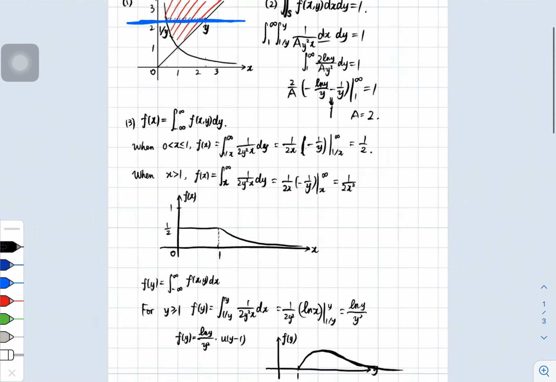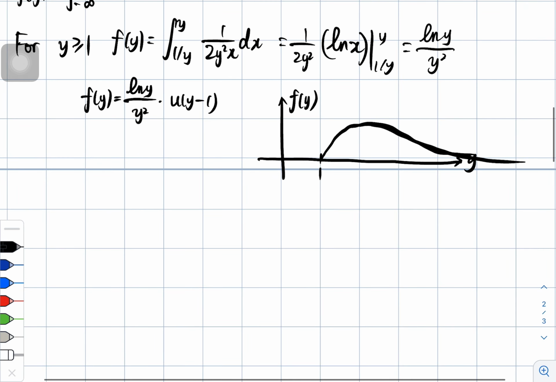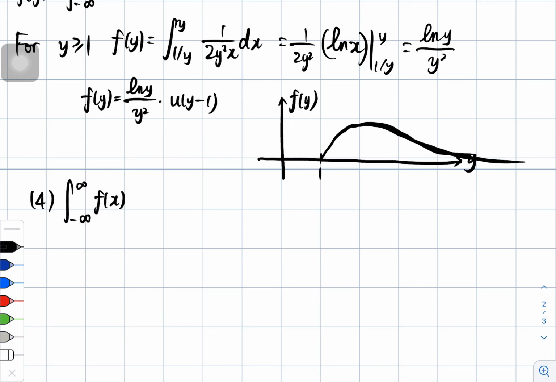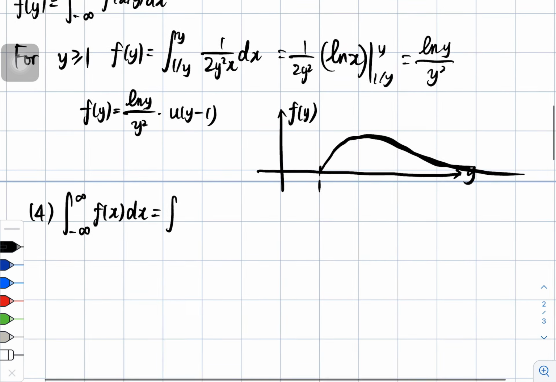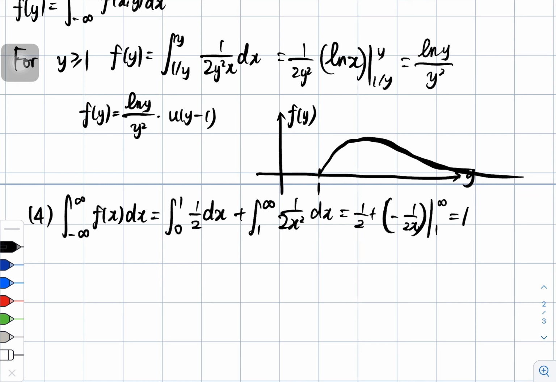Part 4. Verify fx and fy are valid density functions. First, consider fx. For x from 0 to 1 and for x from 1 to infinity, it is 1.